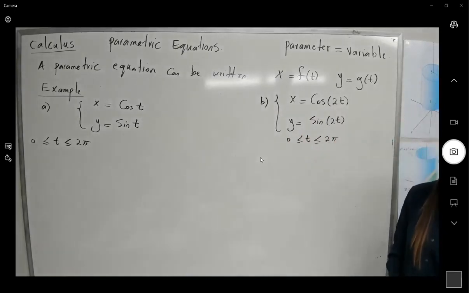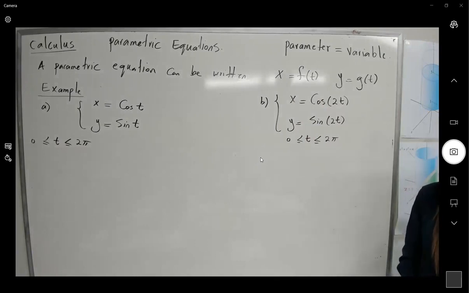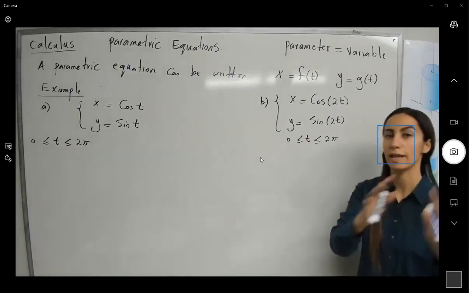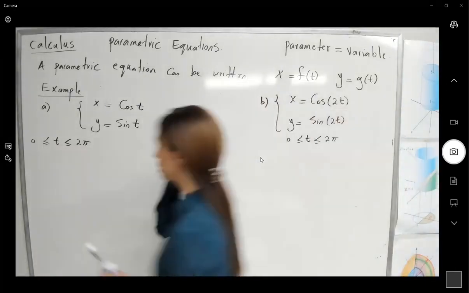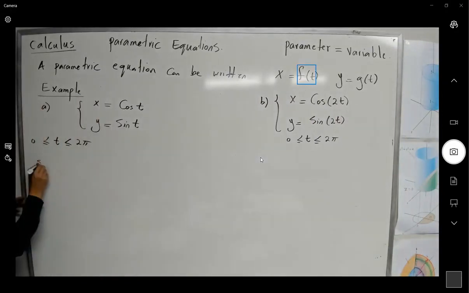Very well. So let us do the first step, try to graph what's going on. Then we eliminate t, trying to write these equations in terms of just x and y. Okay, step 1, graph.